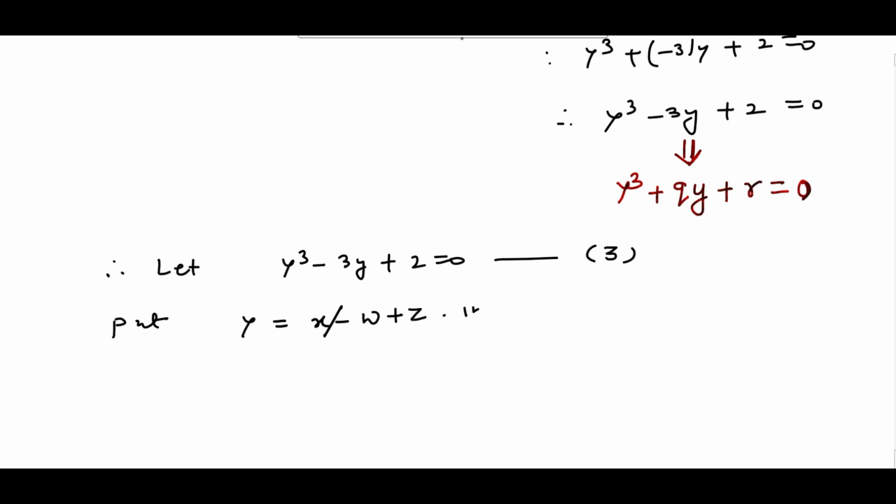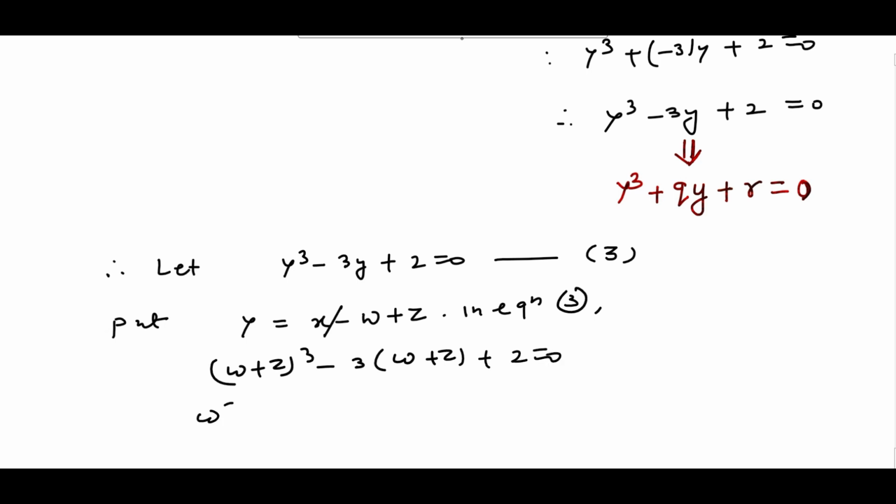In equation 3, that will be (w plus z) to the whole power 3 minus 3 times (w plus z) plus 2 is equal to 0. So we can write here w cube plus z cube plus 3 times wz multiplied by (w plus z) minus 3 times (w plus z) plus 2 is equal to 0.